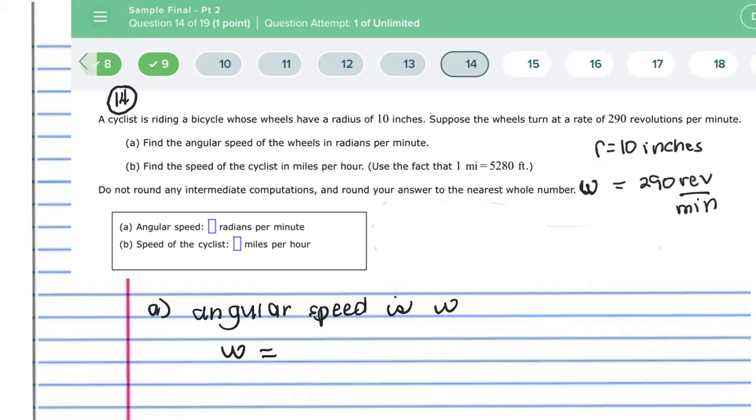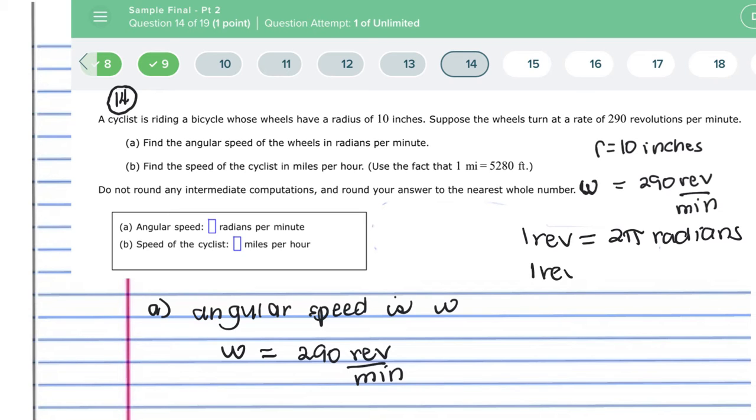So we're going to convert that 290 revolutions per minute by using the fact that one revolution is equal to 2 pi radians. Usually we don't express radians as a unit, so we'll just say one revolution is 2 pi, because it's understood to be radians.